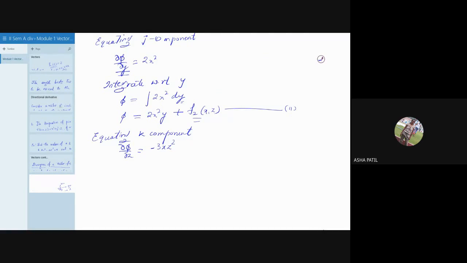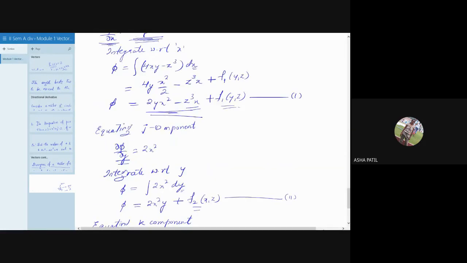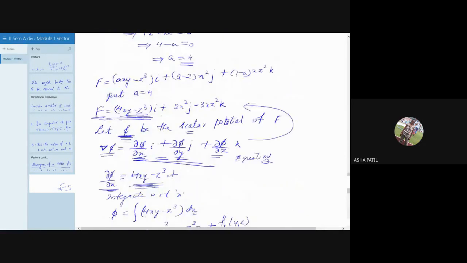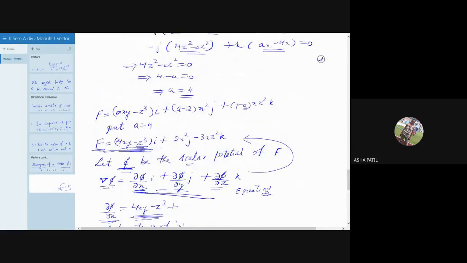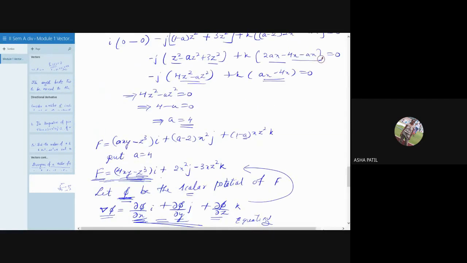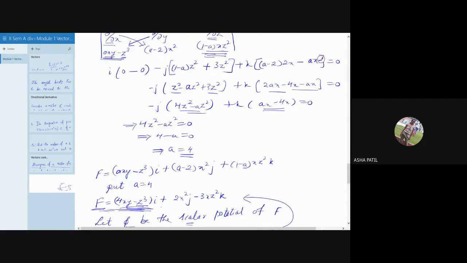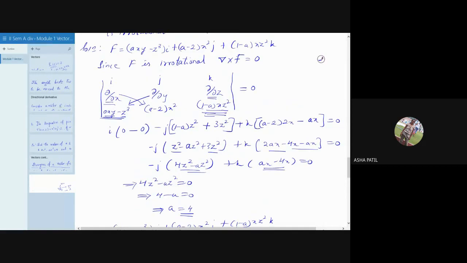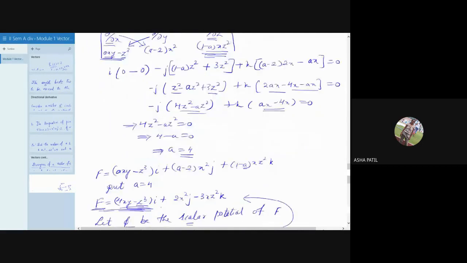Is it right? Or is it only 3z²? Does x come there or not? Yes, ma'am, it comes. Have I written correctly? x is there, okay.